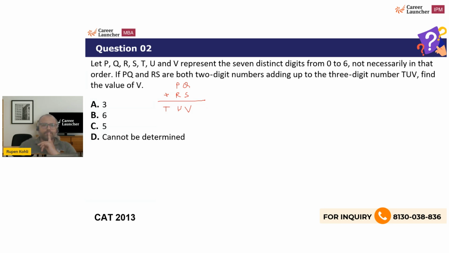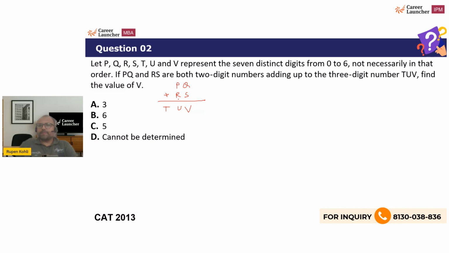PQ and RS both are two-digit numbers, so they are at the most, because of the range of the digits given, none of them can be more than 65 ever. And once one of them is 65, the other can be at the most 43. 65 and 43 is what, 108.